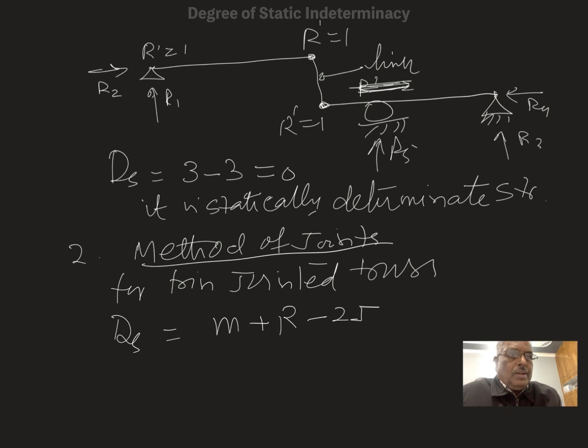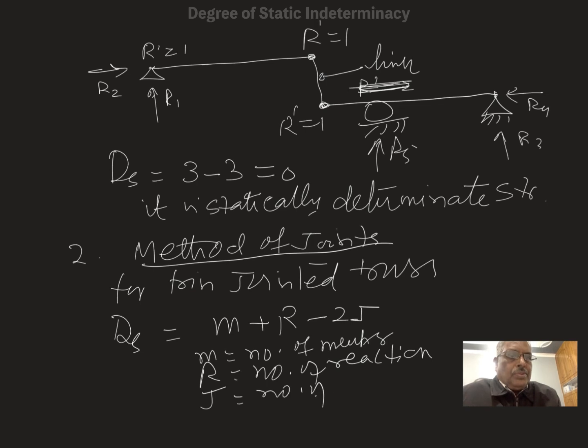So that's why 1: it can resist only one force. R is the total number of reactions, and J is the number of joints. The 2 is because at one joint there are 2 degrees of freedom in a pin-jointed truss.